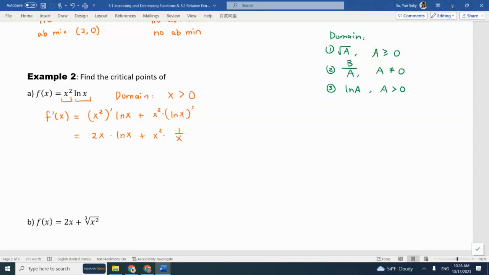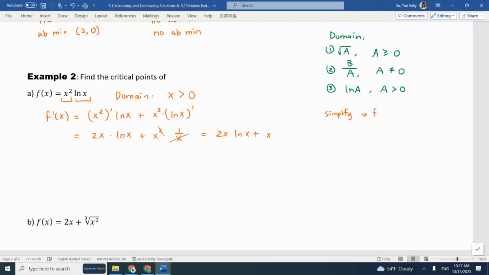Then 1 times x squared over x, the x cancels. Very good. So we get 2x ln x plus x.